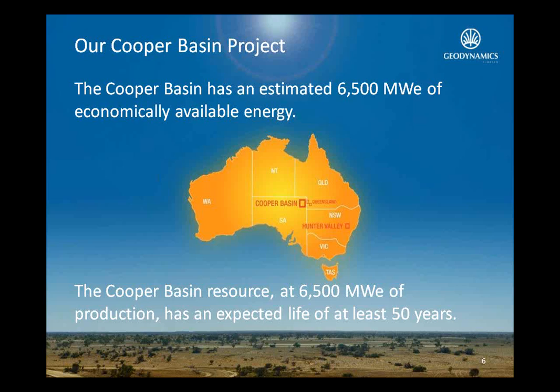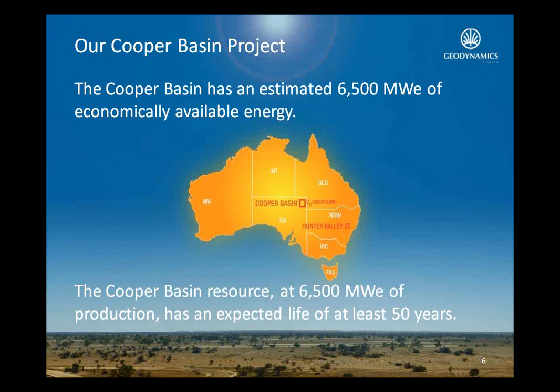Our resource potential in the Cooper Basin, if we can extract to the ability that we expect, is a 6,500 megawatt electrical capacity, dotted around the Cooper Basin in lots of small modules, producing power for 50 years.